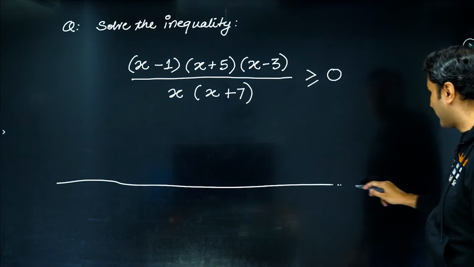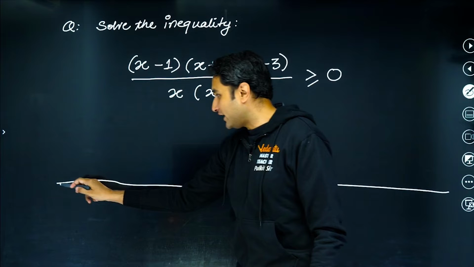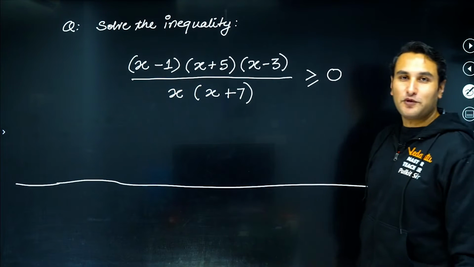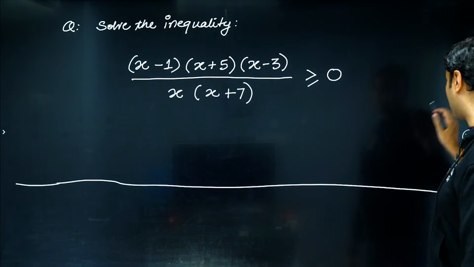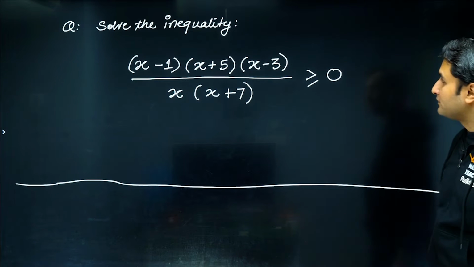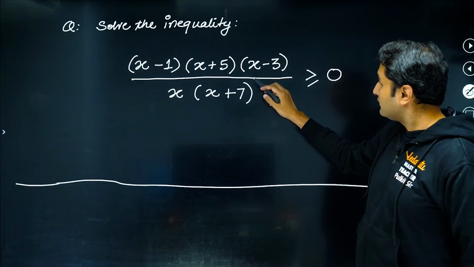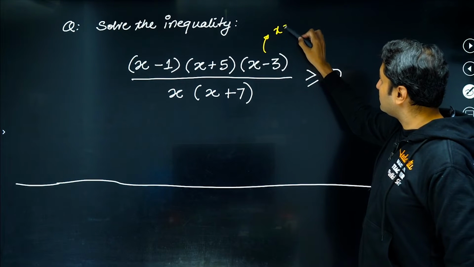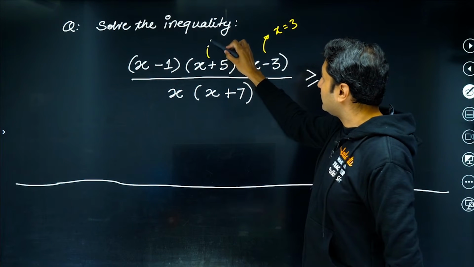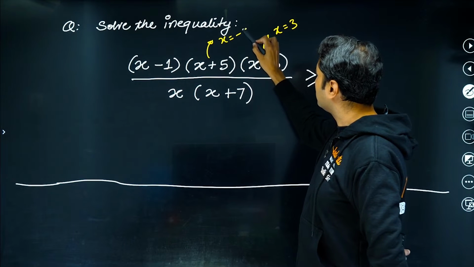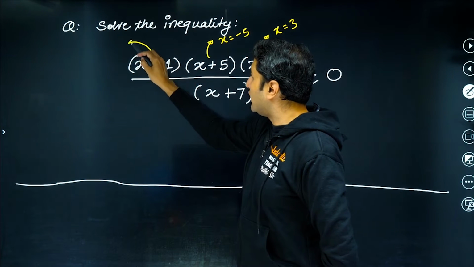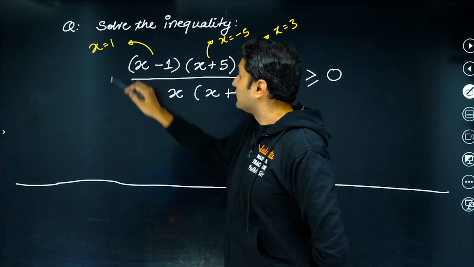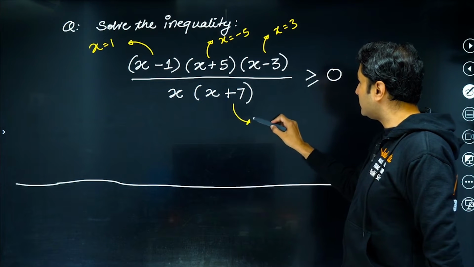Alright, number line. Step 2. Plot all the zeros: x is equal to 3, x is equal to minus 5, x is equal to 1, x is equal to minus 7.